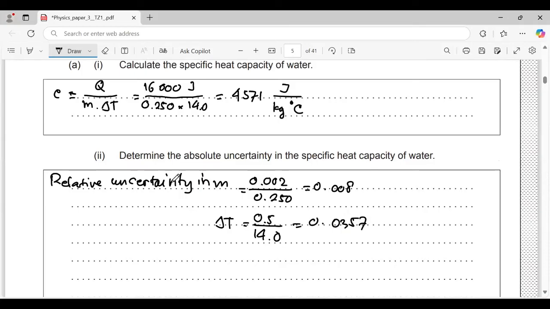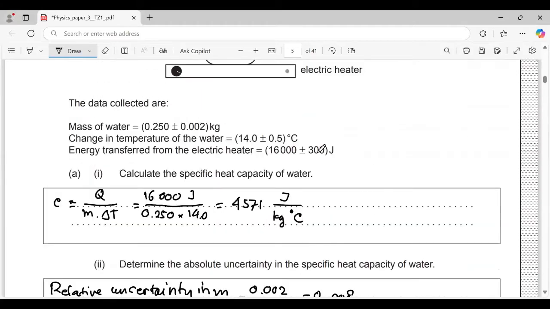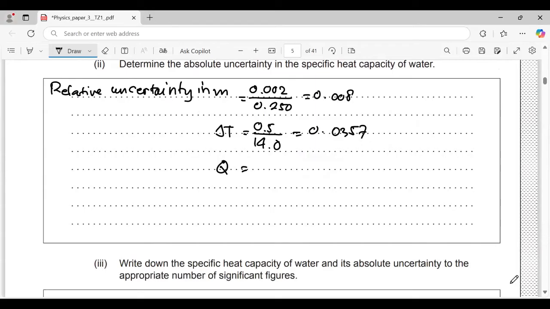The result is 0.0357. And after that, the relative uncertainty in Q: 300 over 16,000. The result is 0.01875.